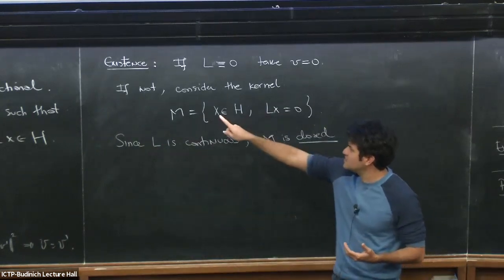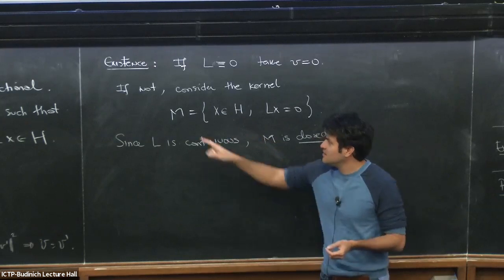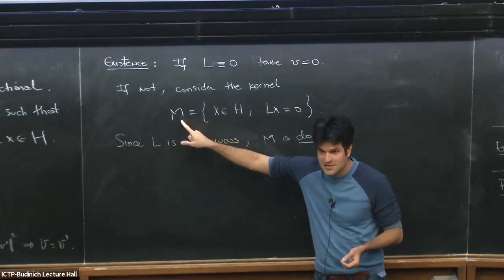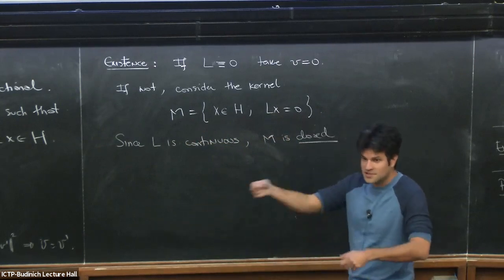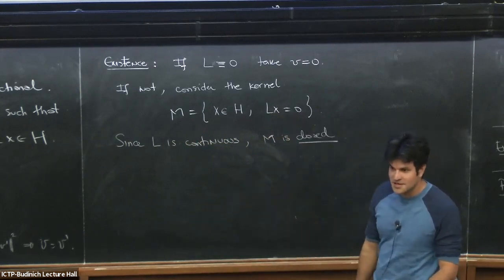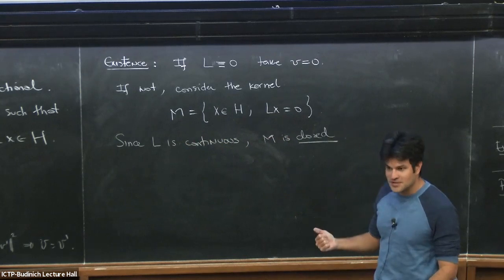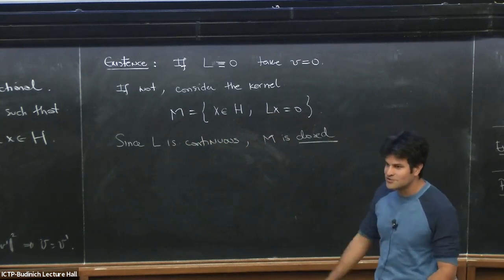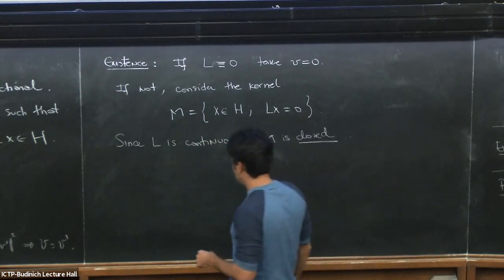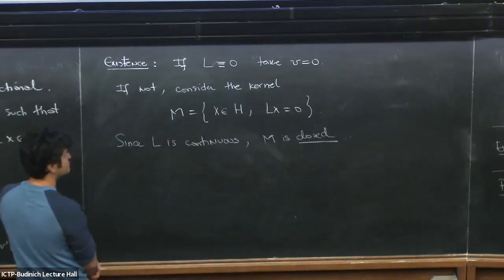If you get a sequence of points xn in M converging to a point x, since the L of all of them is 0, the L at the limit will be 0, and this limiting point will belong to the subspace. So you have here a closed subspace. That's great. We're trying to get into a setup where we can use what we proved today. Now we have a closed subspace.